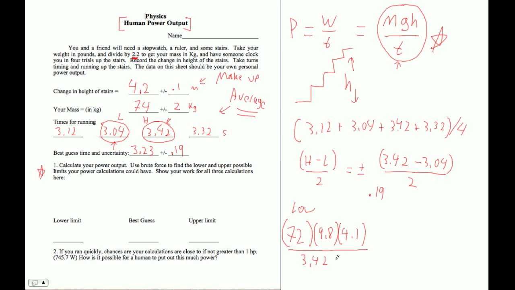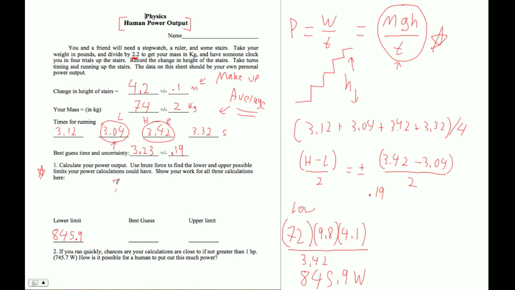So 72 times 9.8 times 4.1, divided by 3.42. This gives me 845.9 watts. So that's my lower limit, 845.9 watts.